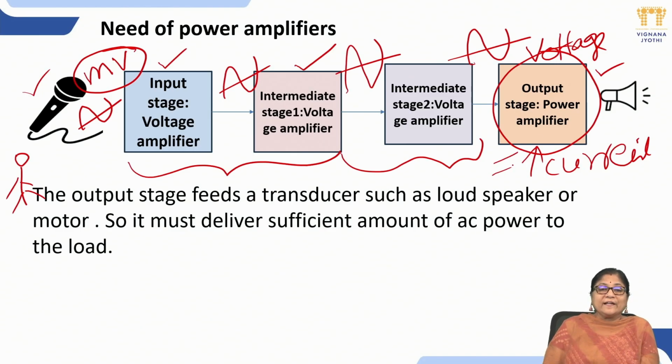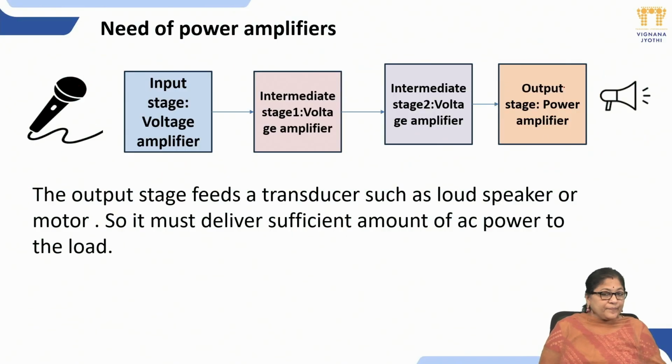For any application where larger amounts of signal must be amplified, like music systems, DJ systems or anything, I'll cover the applications later. So the last stage of any amplifier should be a power amplifier.